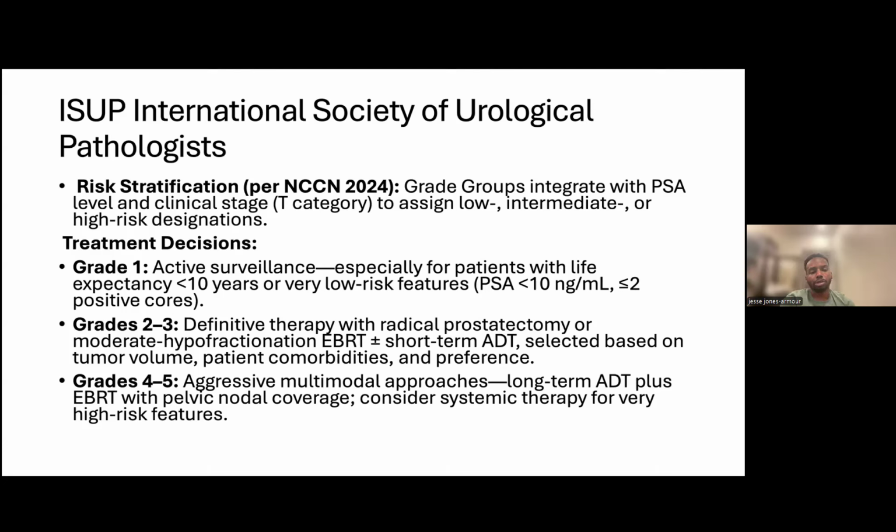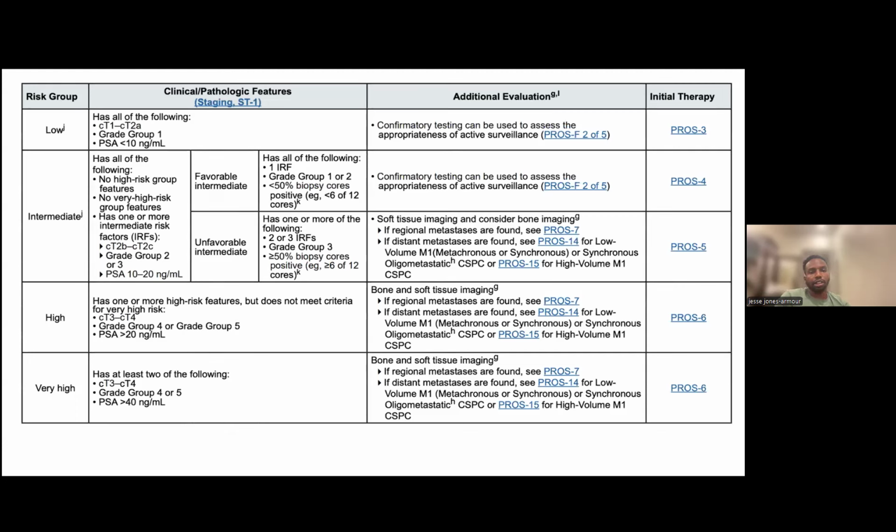Then for grade groups 2 and 3, you want to do more definitive therapy where you may either do radical prostatectomy or external beam radiotherapy, plus or minus a short term of androgen deprivation, which is medical castration. However, with high risk prostate cancer or grade groups 4 and 5, the treatment is almost always medical or surgical castration.